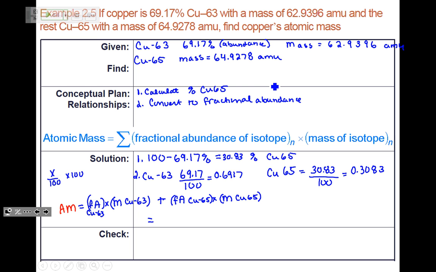So by plugging that in, I calculated my fractional abundance in fraction form, not percent. And I want to multiply that by my mass of copper 63. So I want to make sure I'm using the correct mass. Of course, it's the mass that's closest to 63, because remember, that's what that 63 means.